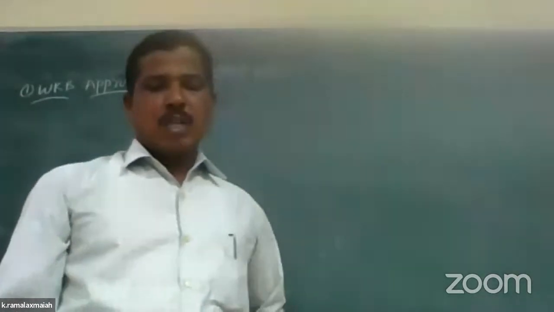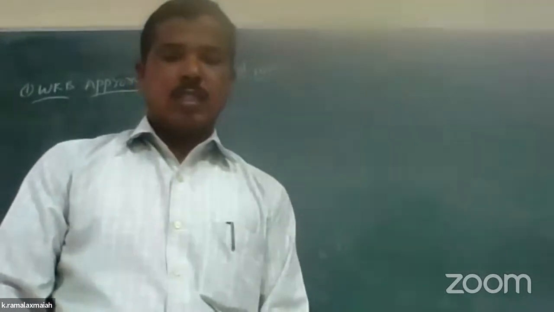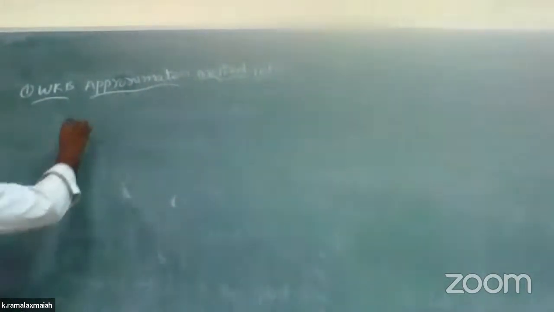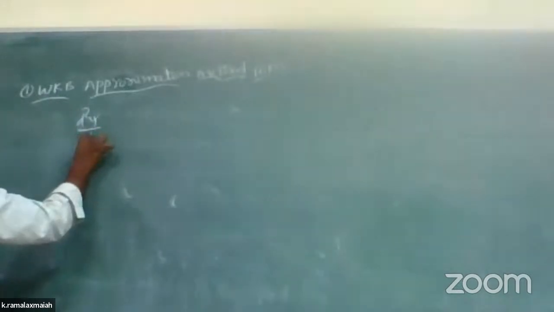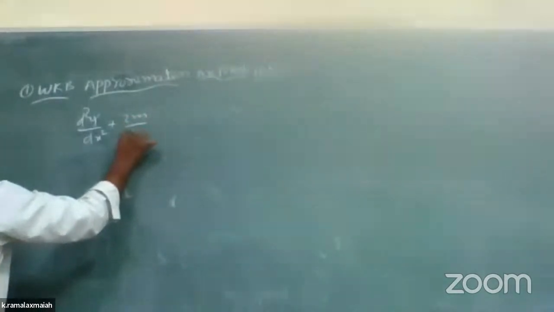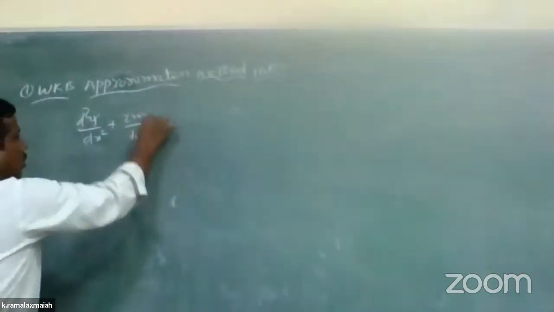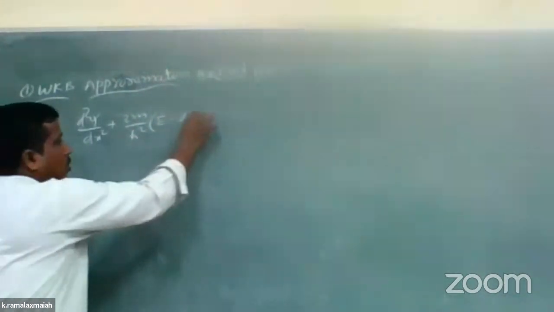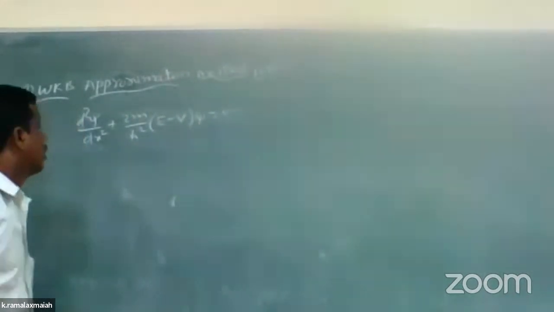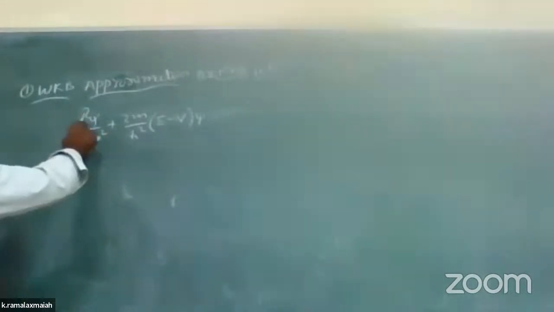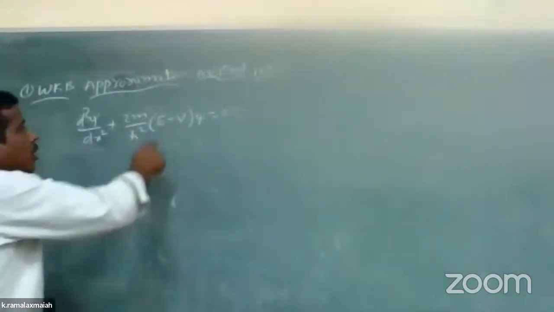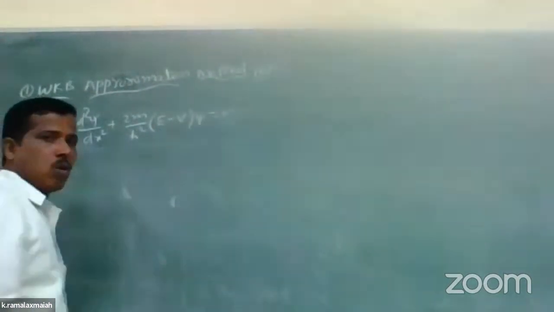Write the Schrodinger equation here: d square psi by dx square plus 2m by h bar square into E minus V into psi is equal to 0.